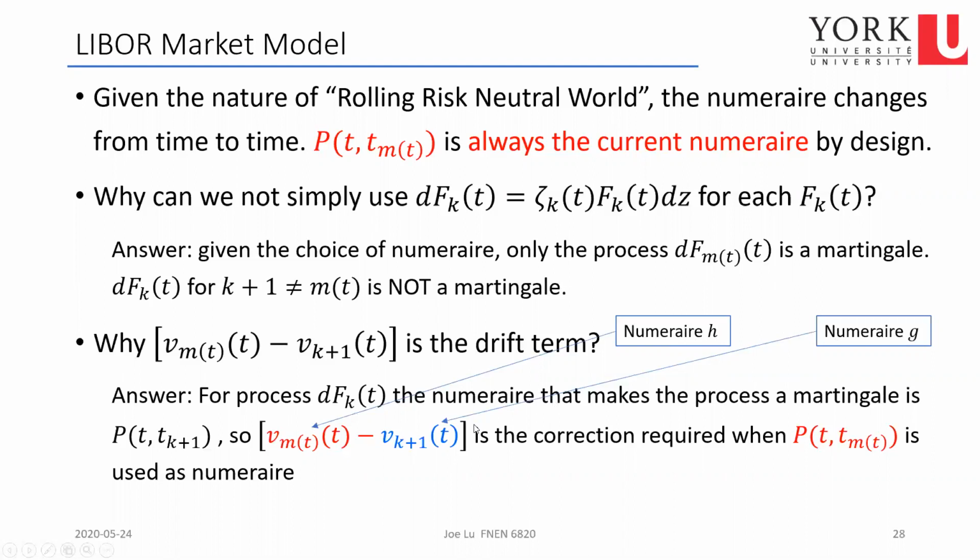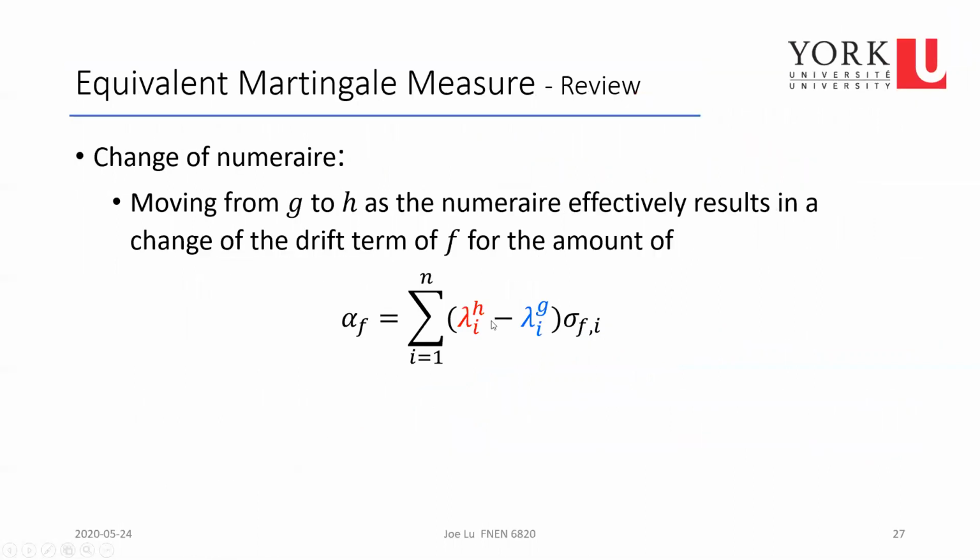So you have to make a change of numeraire, and the adjustment is the difference between the two, between the volatility parameters of the volatility functions of the two numeraire assets, as we have seen earlier here.